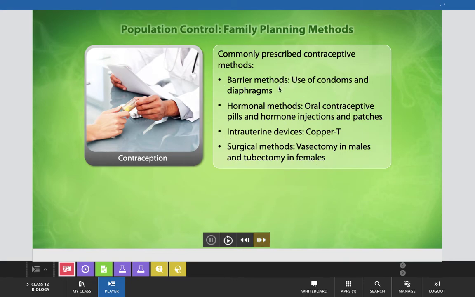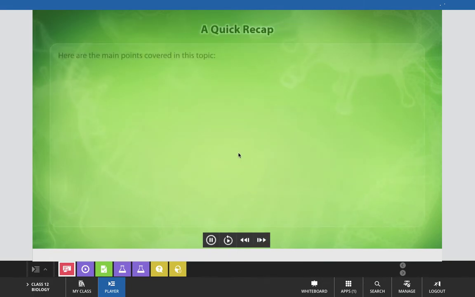About these methods, you will also learn in the reproduction unit, and in class 10th also you have learned about these. In detail, we will talk about them in the reproductive health chapter.